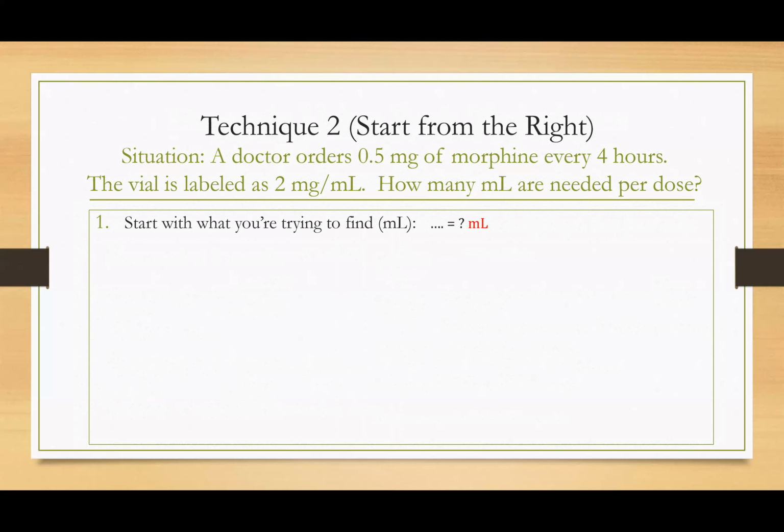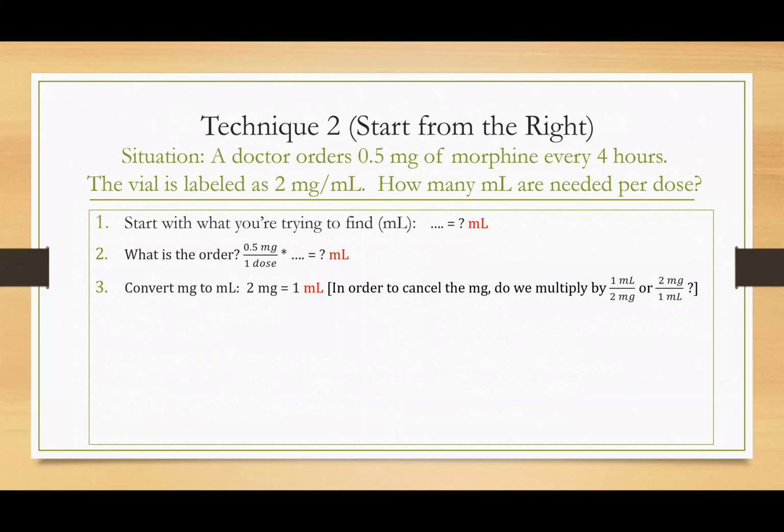So what conversions do I need in order to end up with an answer of milliliters? What is our order? Our order is 0.5 milligrams per one dose. So we need to multiply in order to reduce to milliliters only.